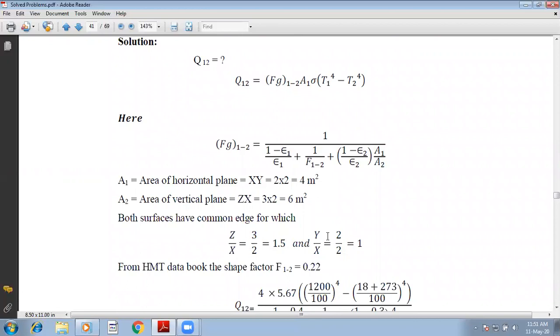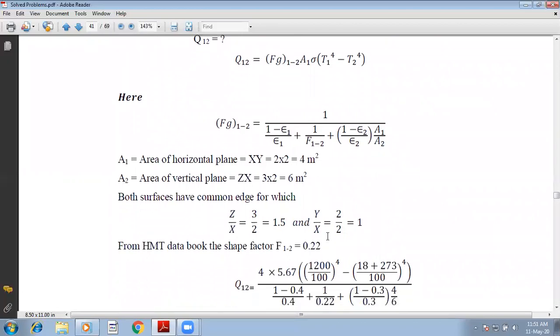Referring to page number 95, if you take the value of shape factor 1 to 2, you will get the value of F12 as 0.22. In this case, you don't have a direct value, you need to take the interpolation. By taking the interpolation value, you will have the shape factor as 0.22.